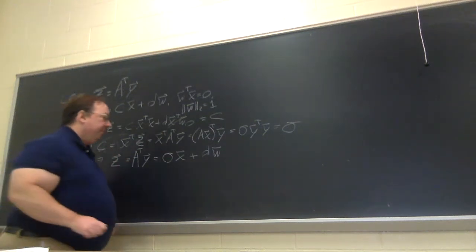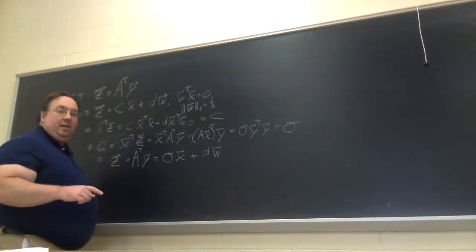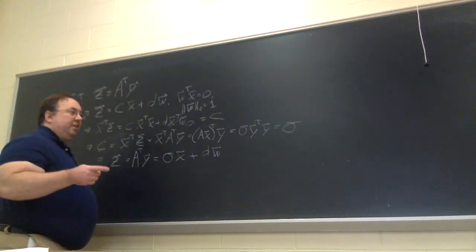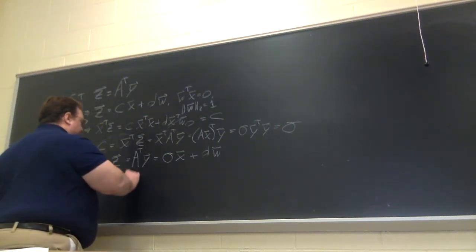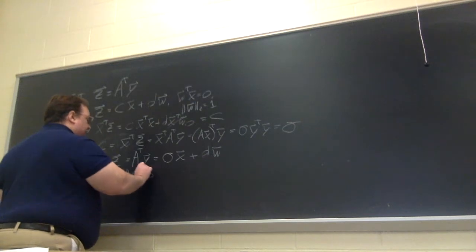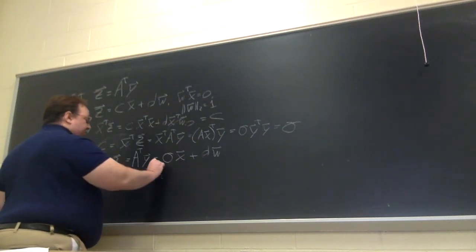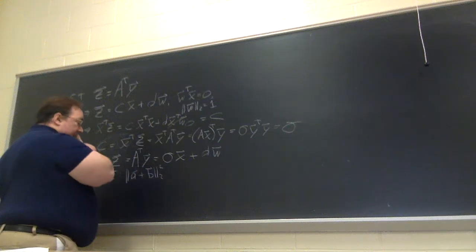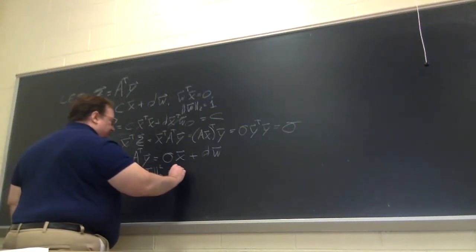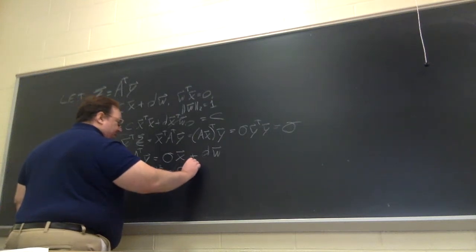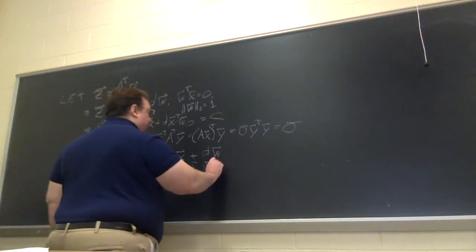I'm going to write out a property of inner products that is often useful, using generic vectors I can use anywhere else. If I have the 2 norm squared of a sum of vectors A and B, that's the same as the dot product of A plus B with itself.